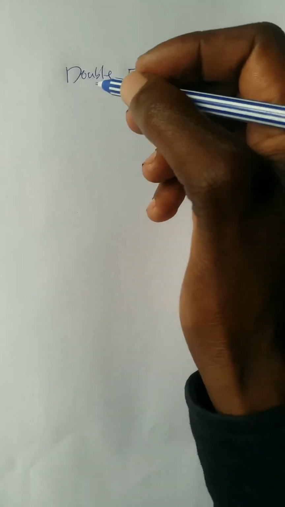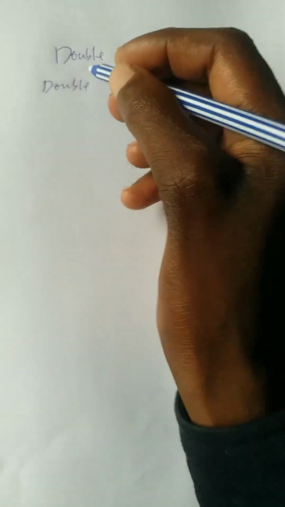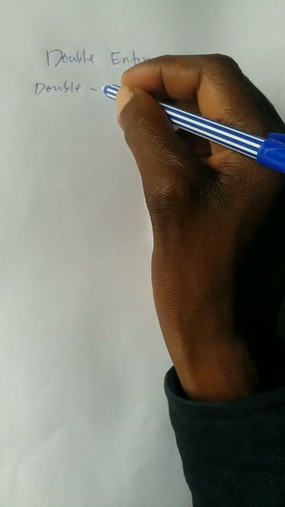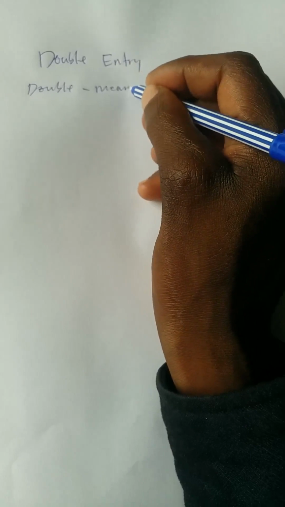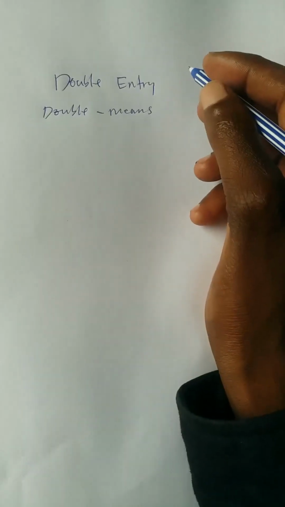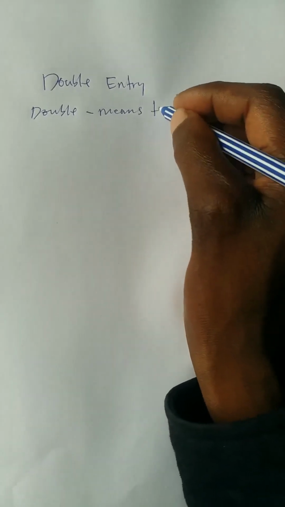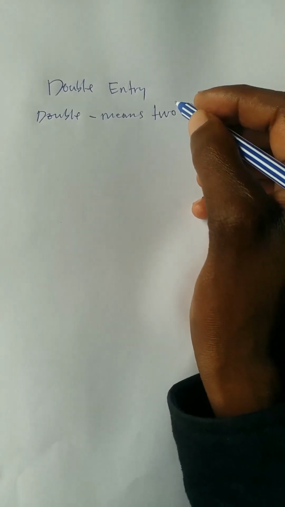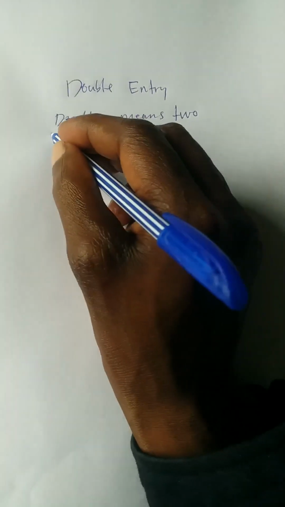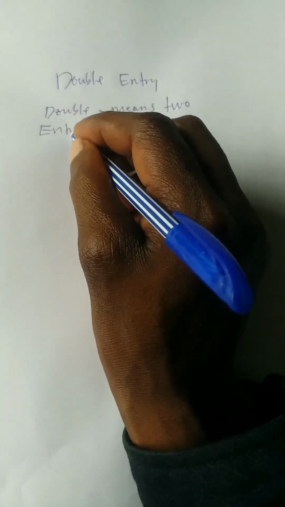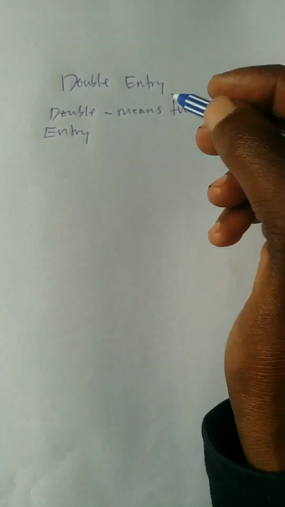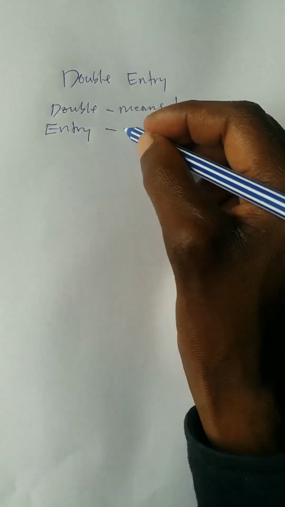Okay, so double entry. Double means two. Entry means recording.